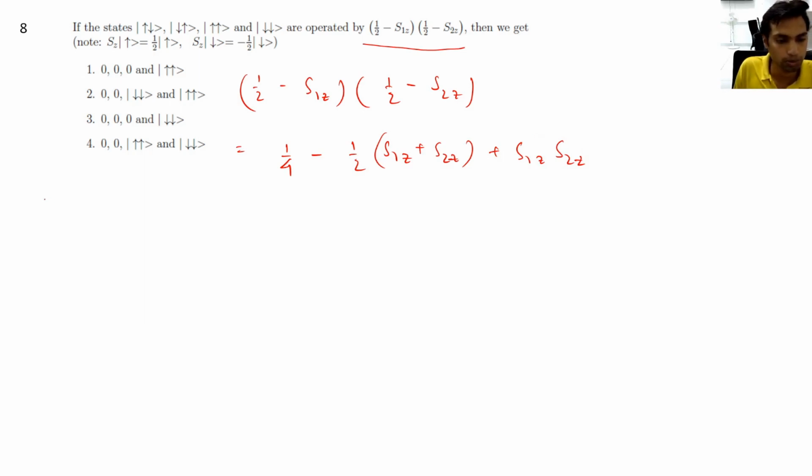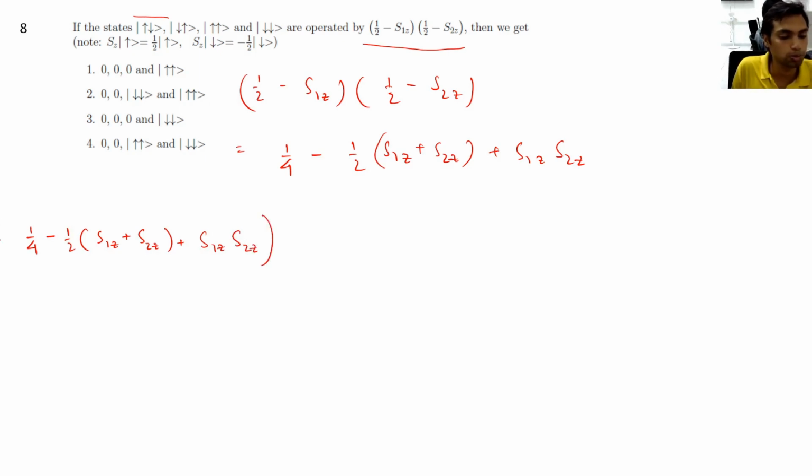Now let us see how it works. 1/4 - 1/2 (S1z + S2z) + S1z S2z.